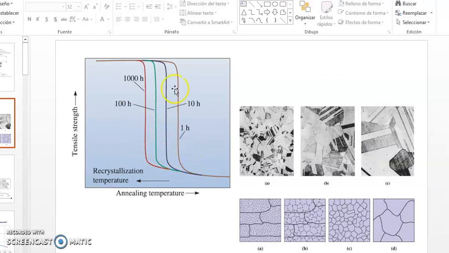In this example, if you cool in 1, 10, 100 or 1000 hours, the size of the grain also increases. The slower the cooling, the bigger the grain, and the shorter the time, the smaller the grain. The grain matters. Remember that the creep cannot pass the boundary. If the creep cannot pass the boundary, it is stopped and the material accumulates stresses. So we can increase the hardness, but the fragility too.